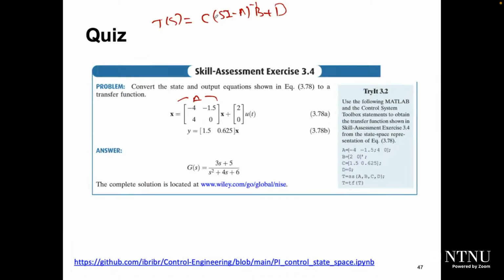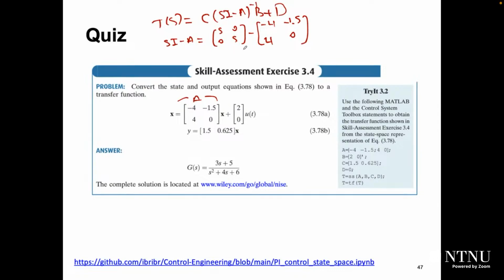So for this A matrix, we need to get first SI minus A. Just as a hint, SI minus A will be like S, 0, 0, S, minus this A matrix. So it will be minus 4, 4, minus 1.5, 0, right? You will get this one, and after that, you will get the inverse.